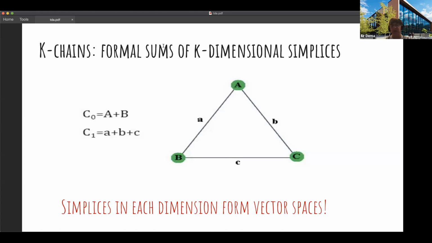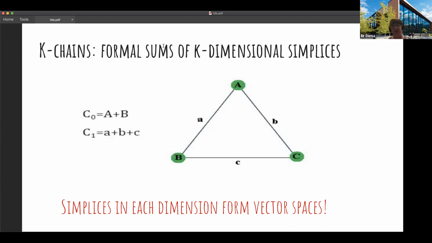We can do the same thing in dimension one, but simplices in dimension one are the line segments, the sides of the triangle, labeled by lowercase letters. Likewise, we can take these three simplices and linearly combine them using coefficients. Where do coefficients come from? We are interested in forming vector spaces. Why vector spaces? Because we can construct maps between vector spaces.